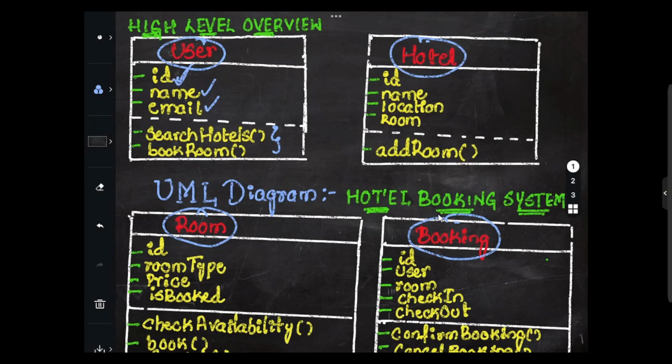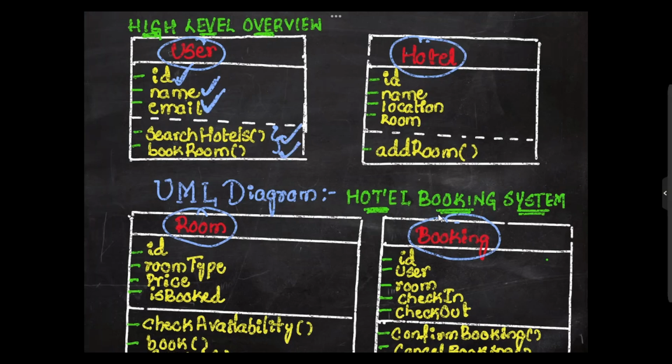You might be thinking ID will be a number, but no, ID will be of type string itself. Name will be of type string, and the email of the user will be of type string as well. So we will be going with two methods: search hotels and book room.